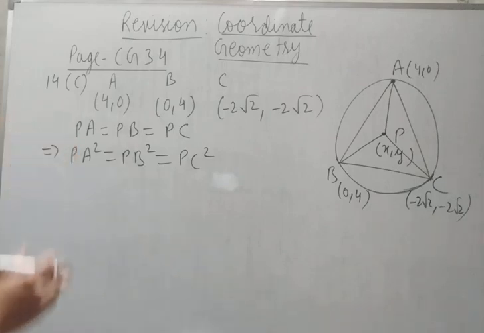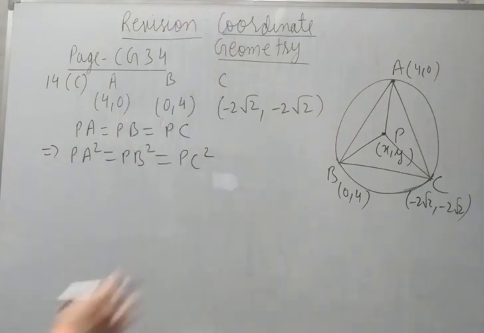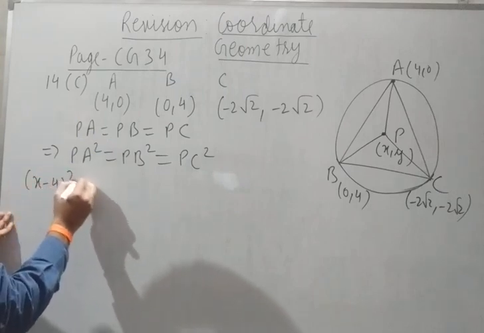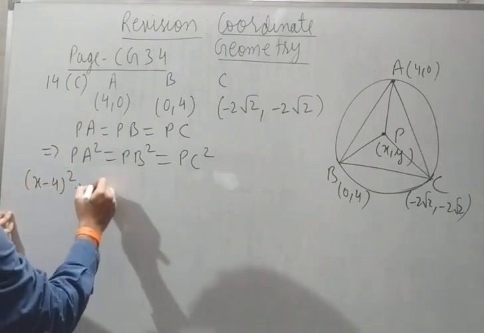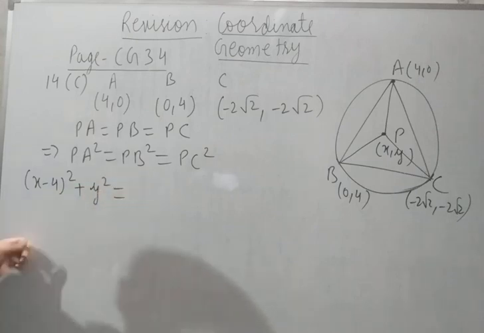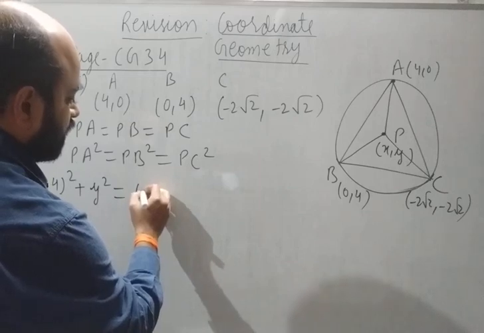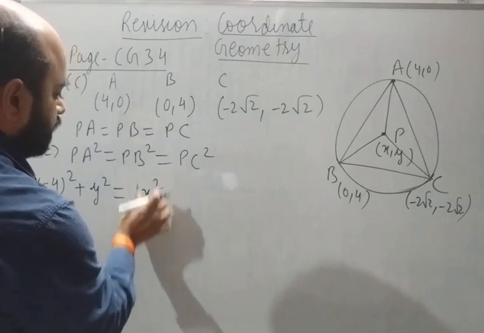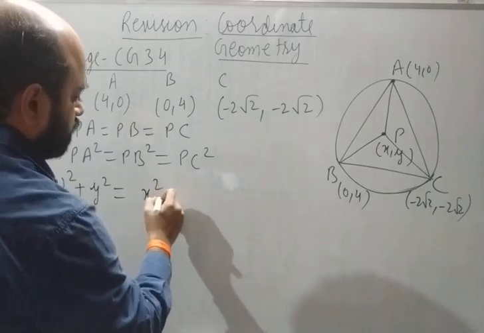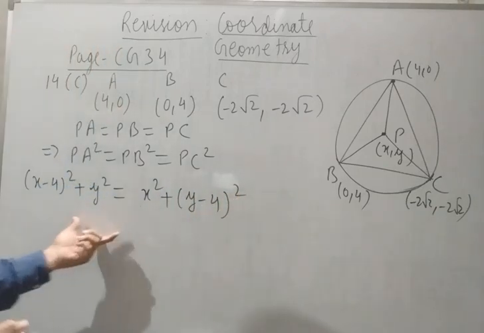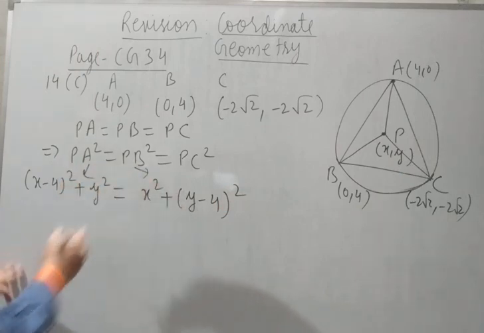So first of all, what is PA square? PA square will be (x minus 4) whole square plus (y minus 0) square, that is y square. Now PB square means (x minus 0) whole square, that is x square, plus (y minus 4) whole square. So first we have taken PA square equal to PB square.